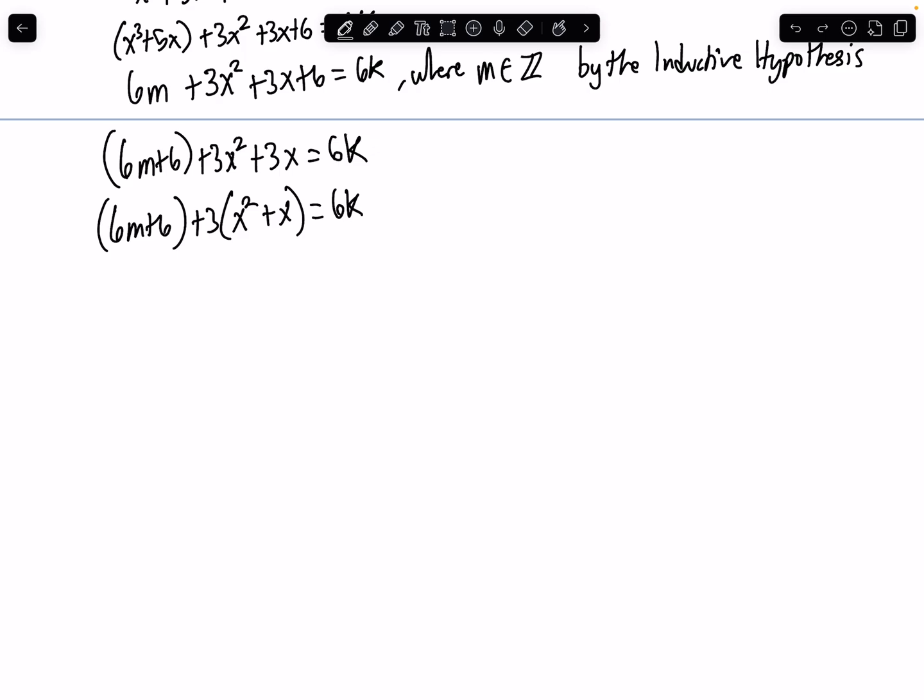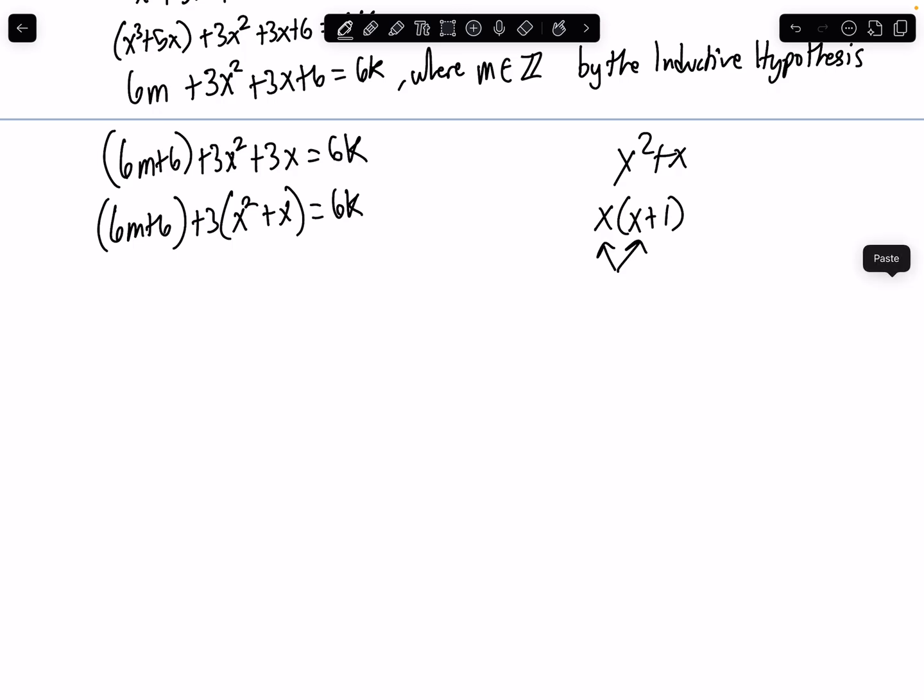We can do a separate proof on another time, but logically, x squared plus x factors to, I'll write it over here, x squared plus x factors to x times x plus 1. These are two consecutive integers being multiplied together. By definition, x must either be even or odd.